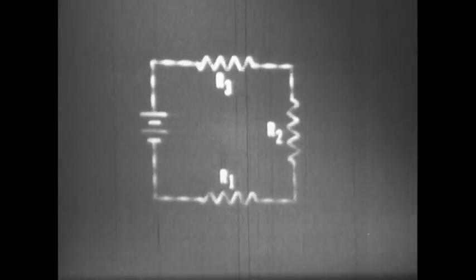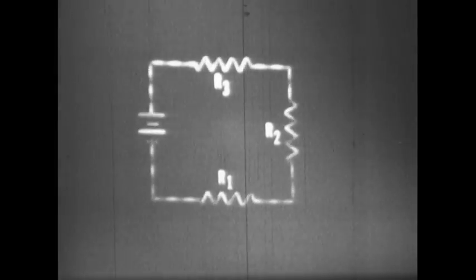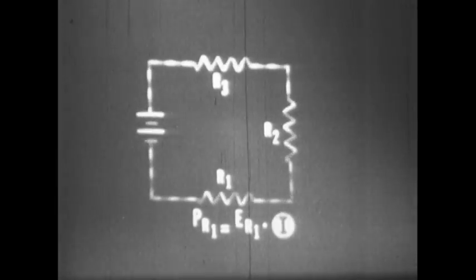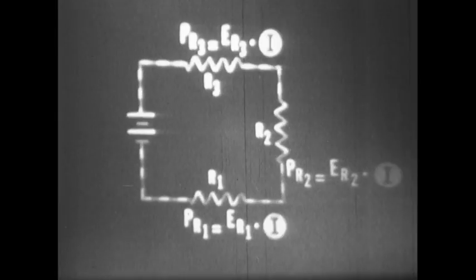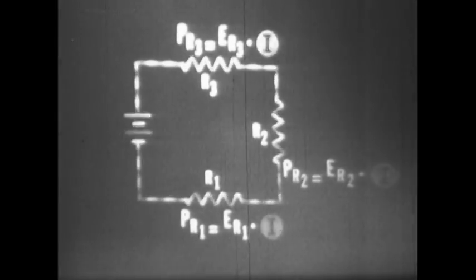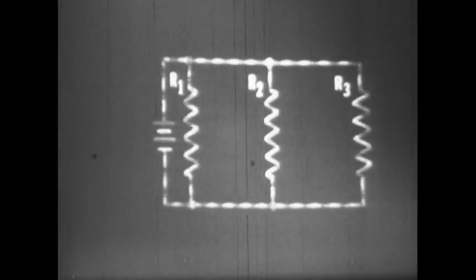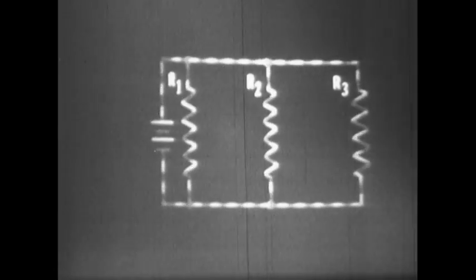Power in a parallel resistive circuit is dealt with in the same manner as in the series circuit. However, there's one major difference. In a series circuit, there's only one path for current. So, the same current is used to determine the power throughout the circuit. In a parallel circuit, there's always more than one path for current.